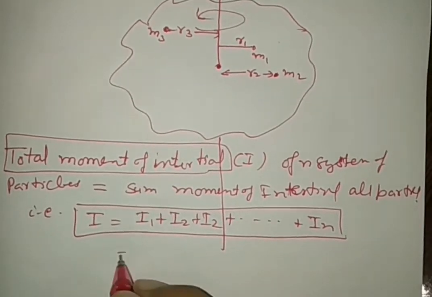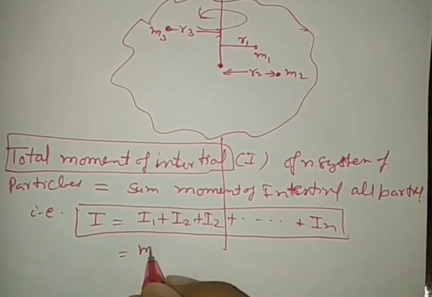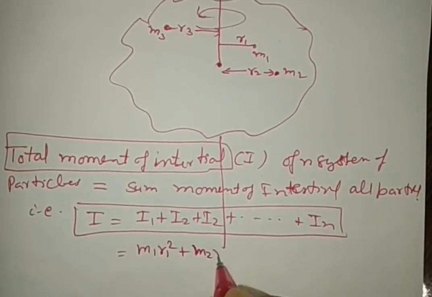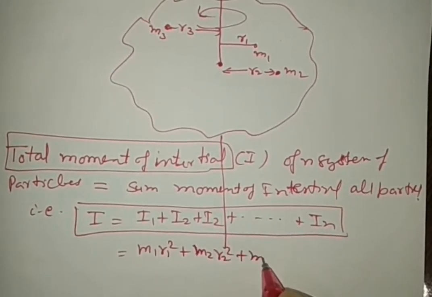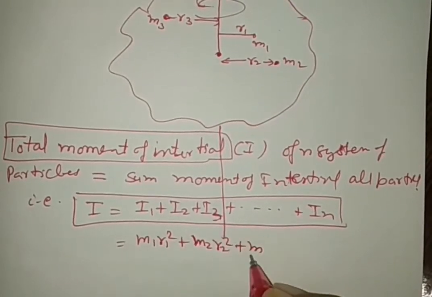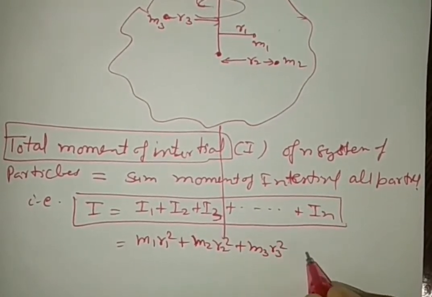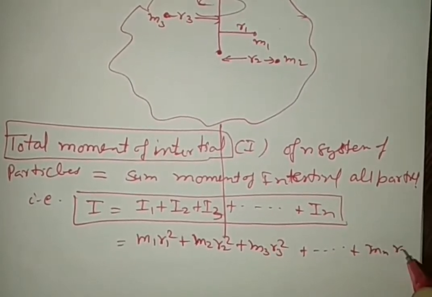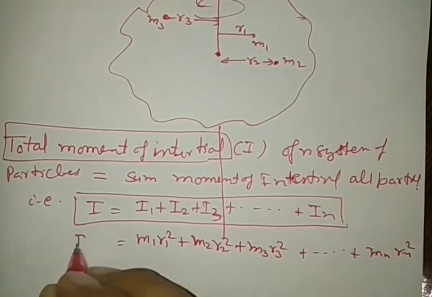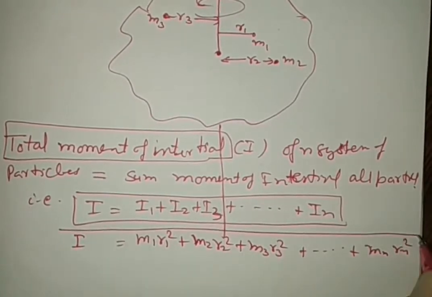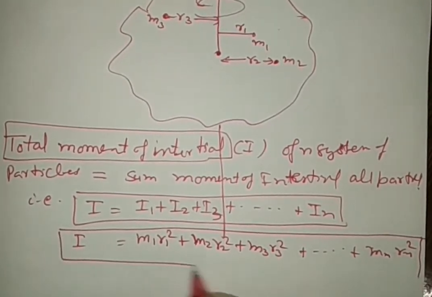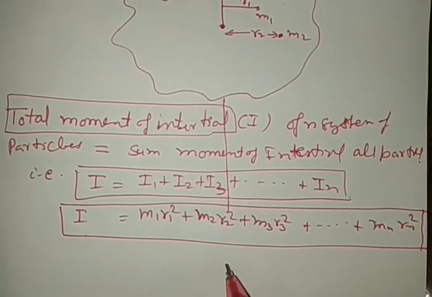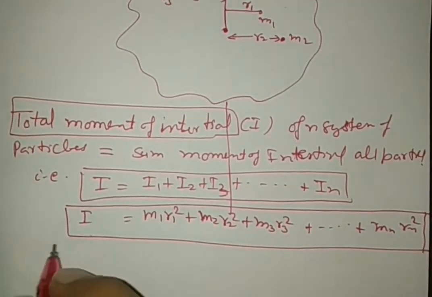Or I is equal to m1 r1 square plus m2 r2 square plus m3 r3 square and so on, mn rn square. This is the total moment of inertia of the body: individual moments of inertia added.